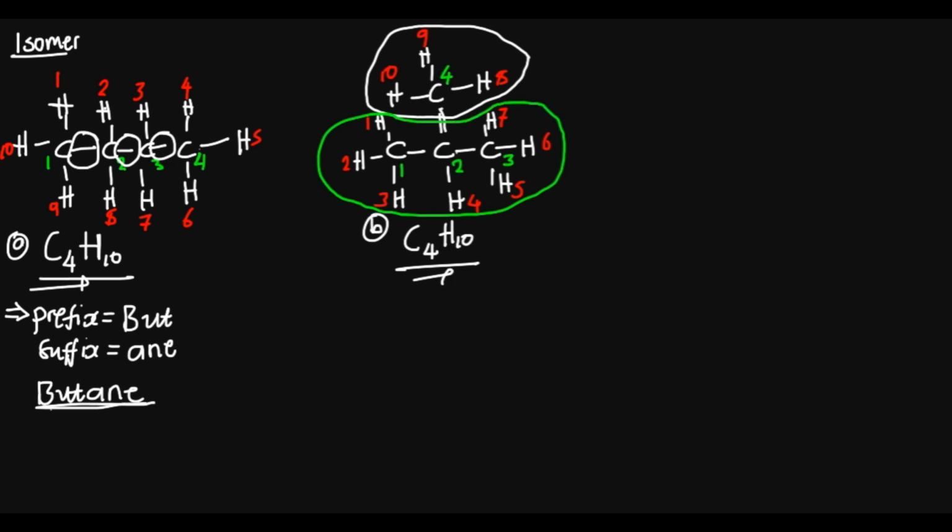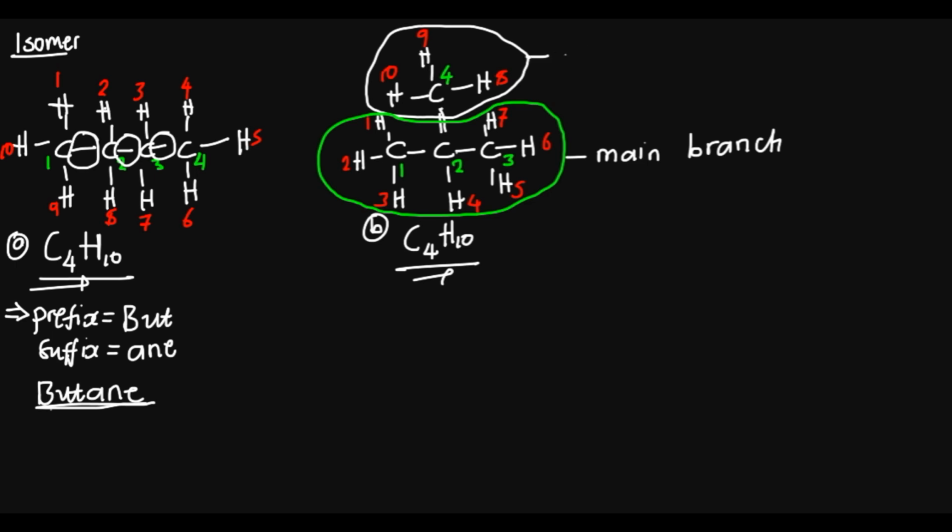So what do you do whenever you are trying to name a structure like this one? First, you need to indicate the main branch. This is our main branch because it contains more carbons compared to this one. So we have the main branch, or the parent branch.